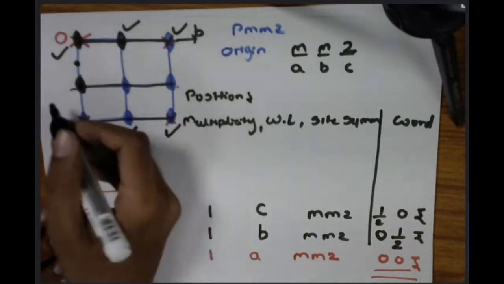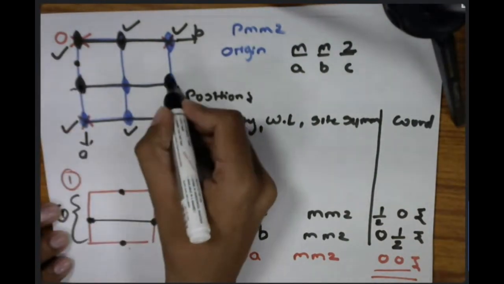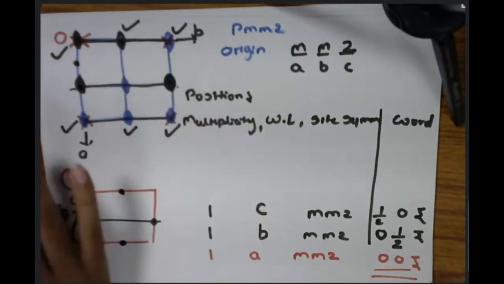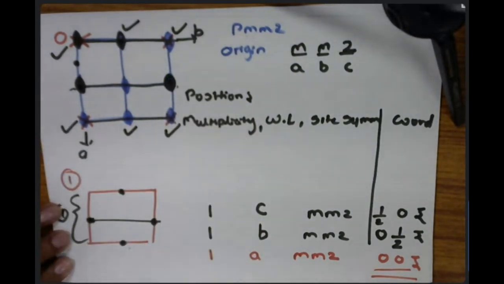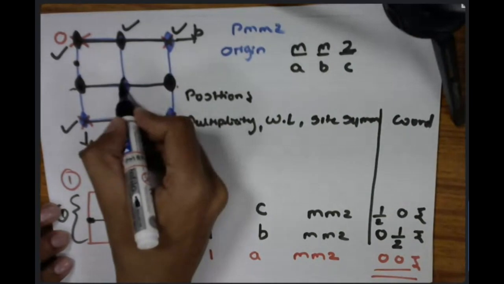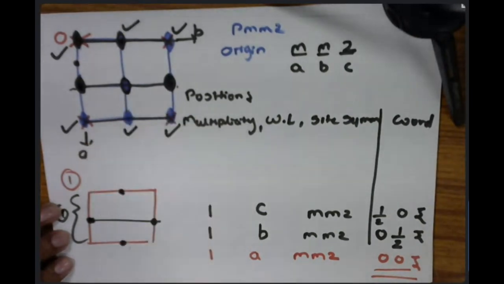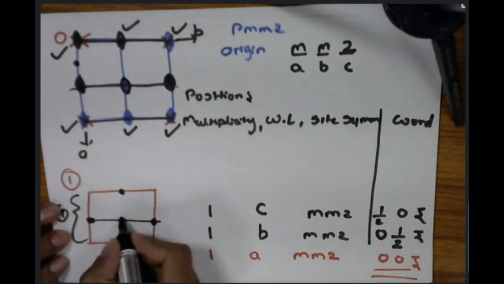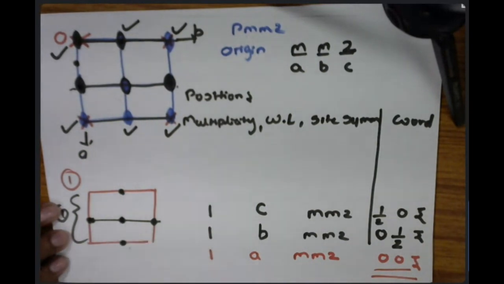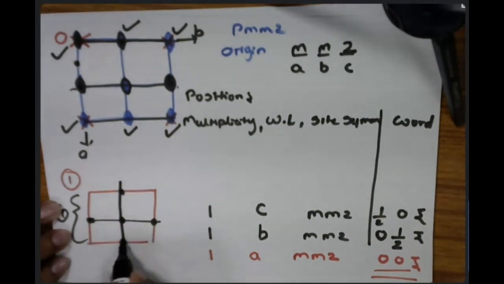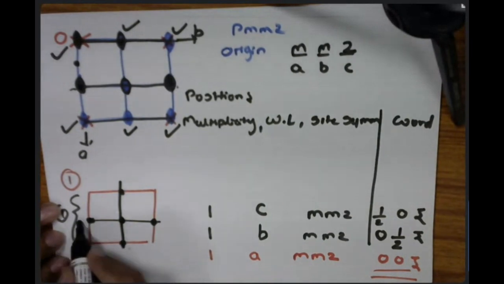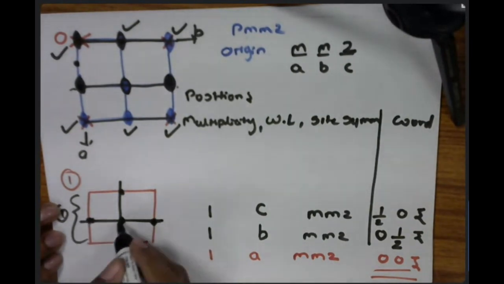That's how it is. So now we are done with this point. Similarly, we are done with this also. Now this is remaining at the center. At the center, if I place any point, this mirror is not going to do anything. This mirror is also not going to do anything. The point will remain as it is.